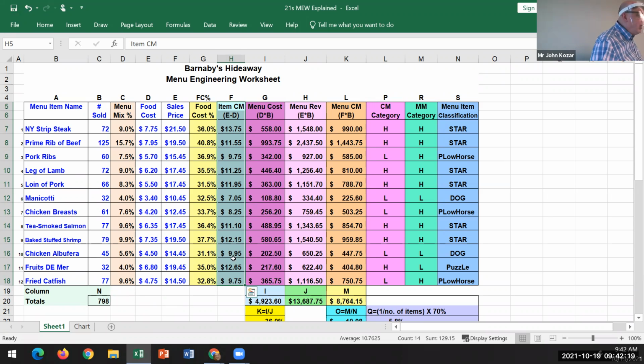So if we're looking at things on here, it would be really helpful to sell the New York strip steak and the baked stuffed shrimp and this fruits of the sea. They individually have high contribution margin. Okay.